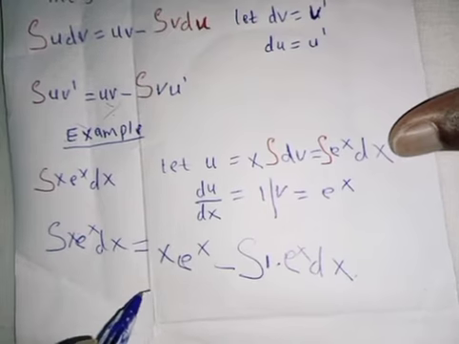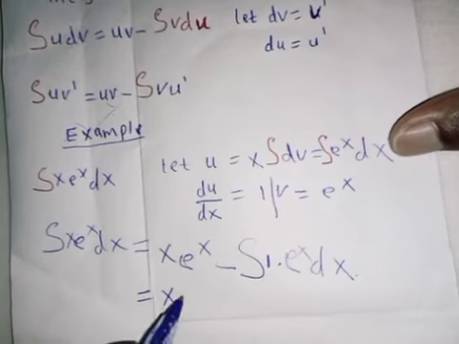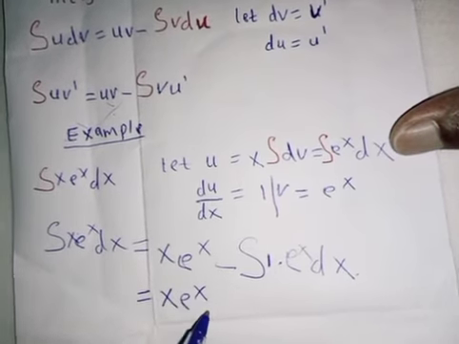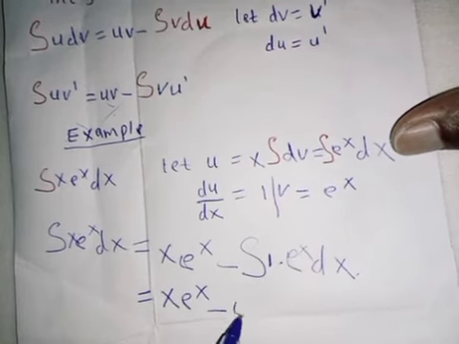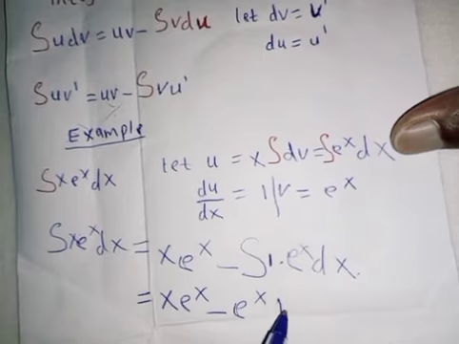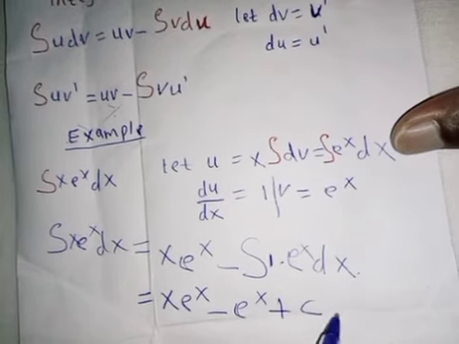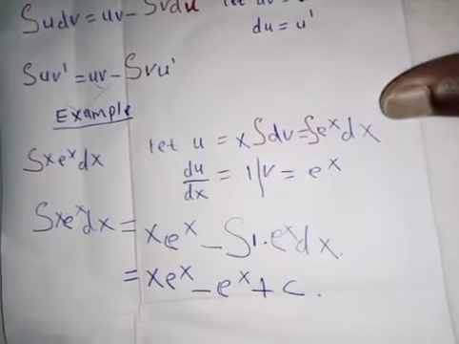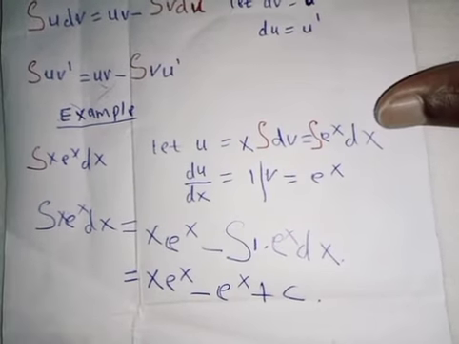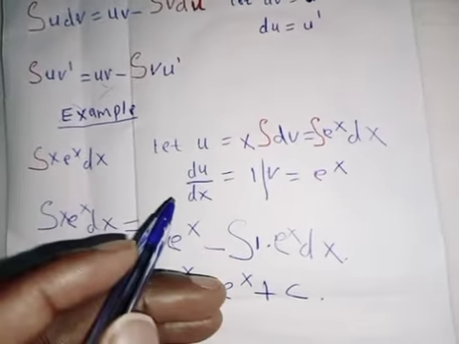This is equal to x e^x minus, when you integrate exponential x, the result will give you exponential x plus some constant c. So that is how we integrate a function by parts.